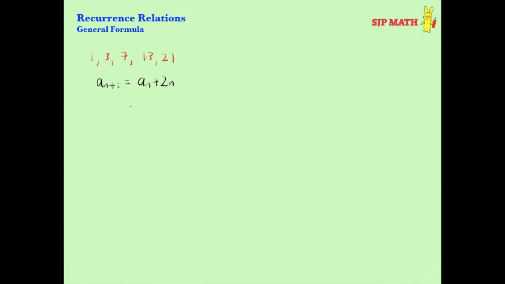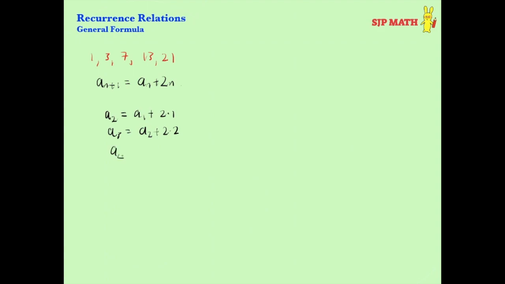So what we do is, I'll just show you at first, and then you'll understand why I do this. So A2, using this formula, we know that A2 is equal to A1 plus 2 times 1. And then we know A3 is equal to A2 plus 2 times 2.